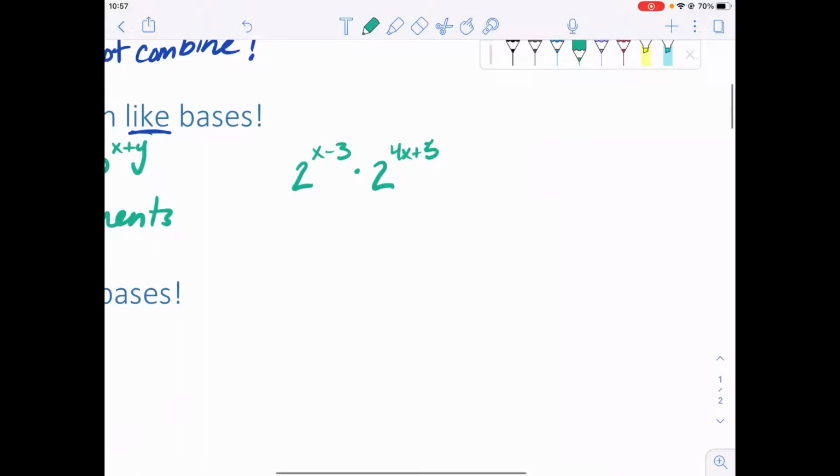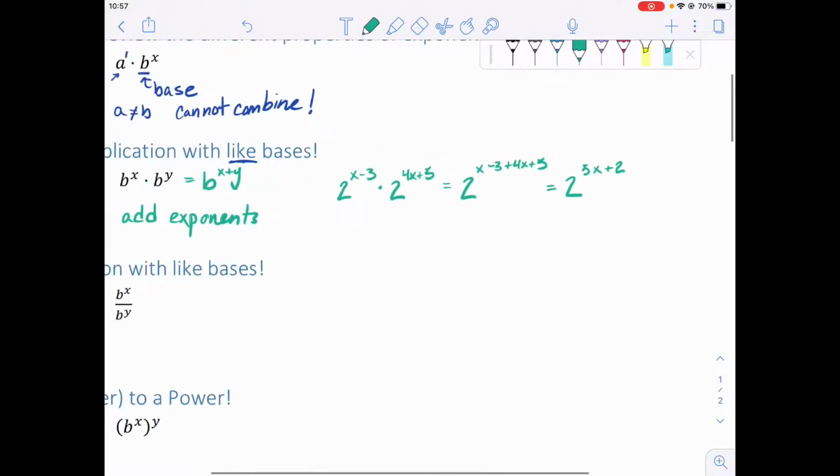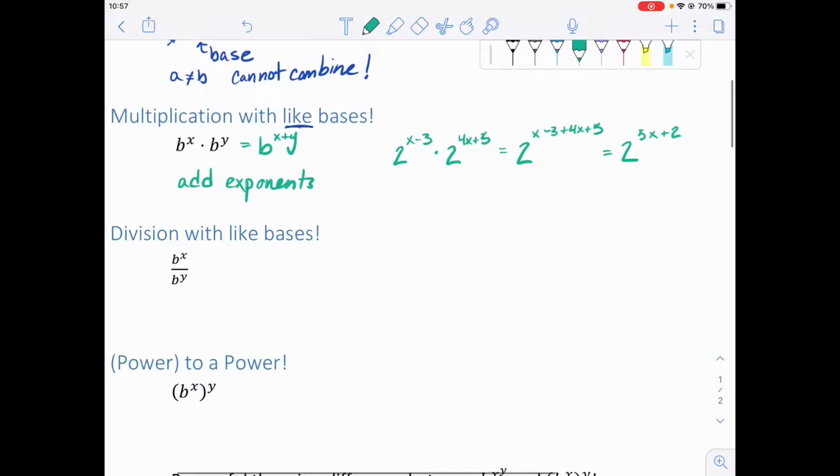Then we would just add them together. This is 2 to the x minus 3 plus 4x plus 5. We can, of course, combine like terms up there, and this would be 2 to the 5x plus 2, right? So we add if we are multiplying with like bases.